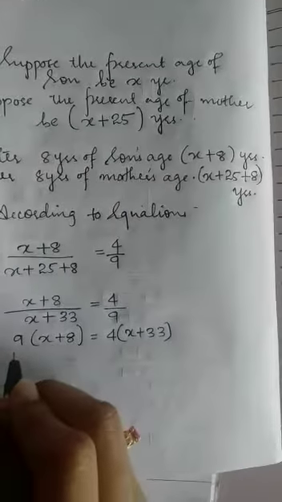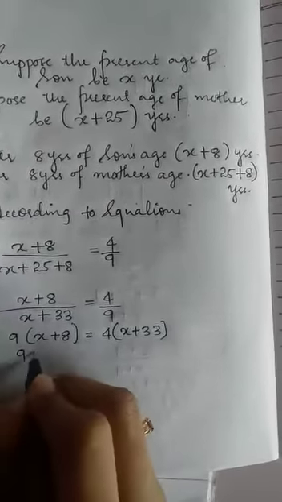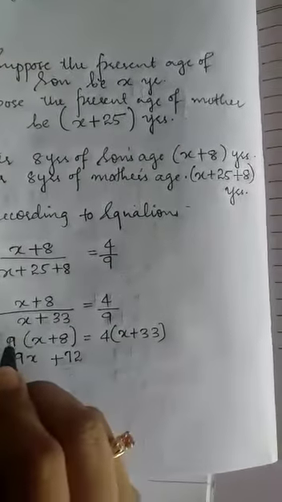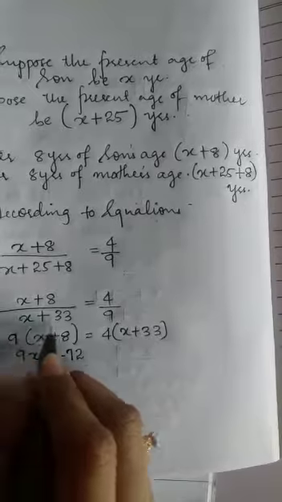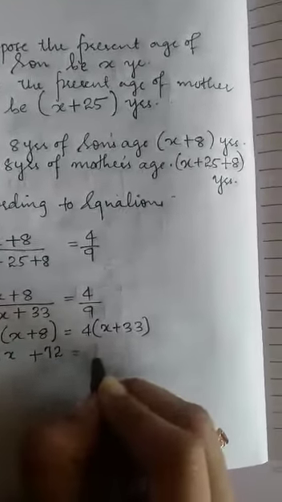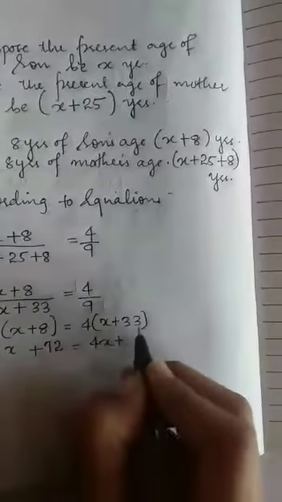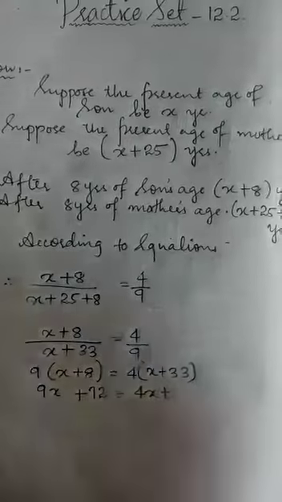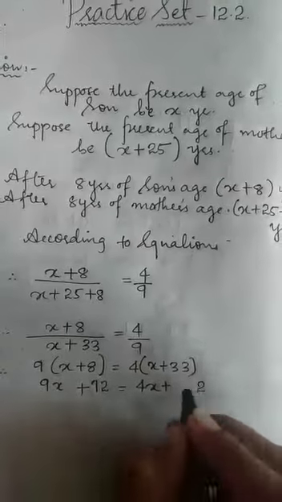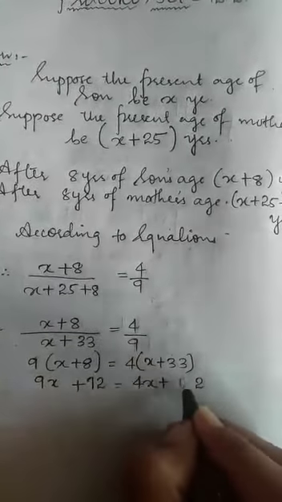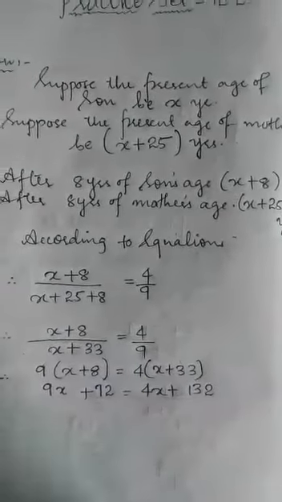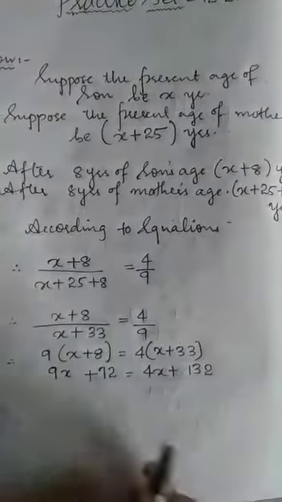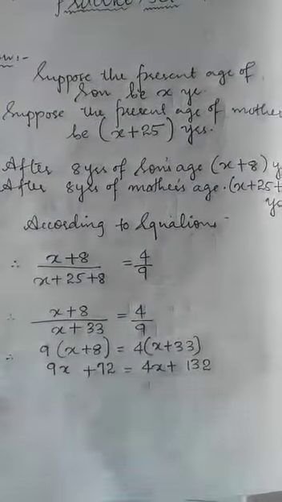Do the multiplication. 9 multiplied by x is 9x, plus 9 eights are 72. We multiplied 9 with x and 9 with 8. Then 4 multiplied by x is 4x, plus 33 fours are 132. Now take the terms together and the numbers together.